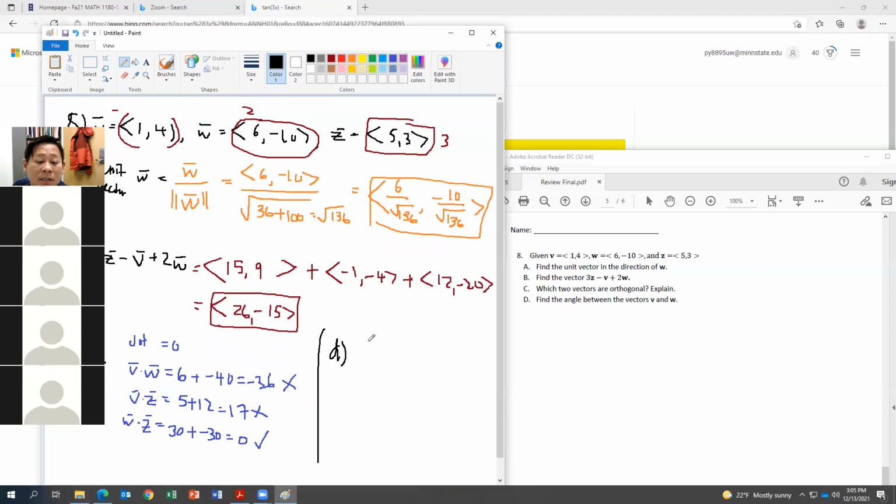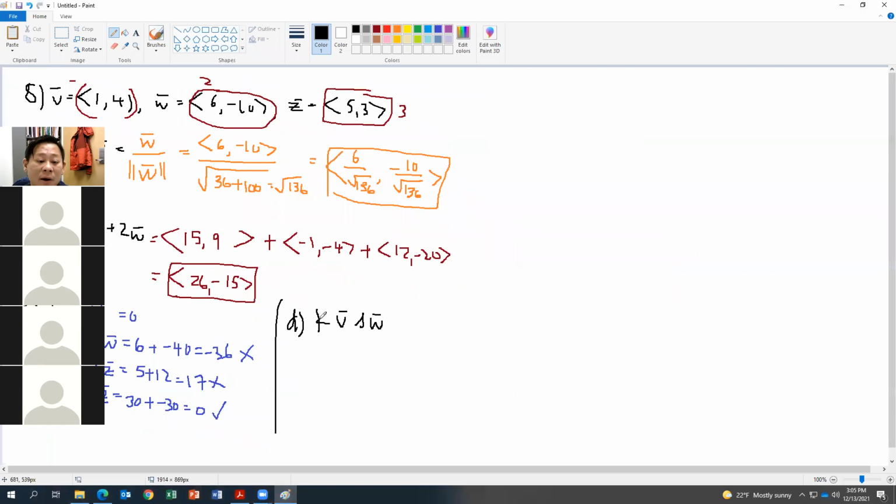And the last one is you have to find the angle between vector V and vector W. So in order for us to find the angle, you have to know the formula.